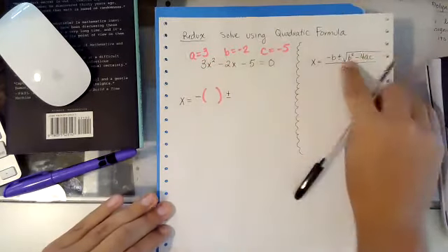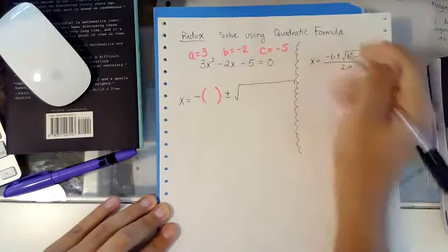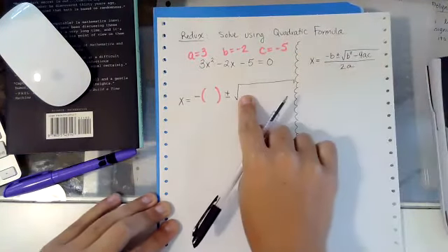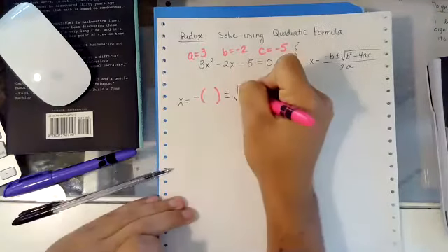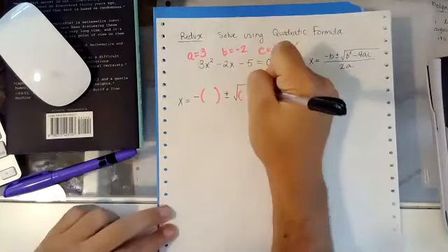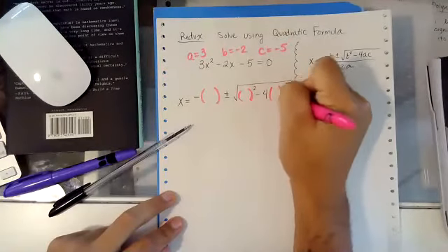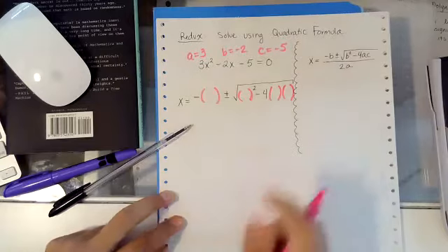Plus or minus comes from the formula. The square root of something comes from the formula, but then I need a variable value here, b, so I'll put parentheses, squared, minus 4. AC is going to be a times c, so I'm going to put 2 parentheses there.